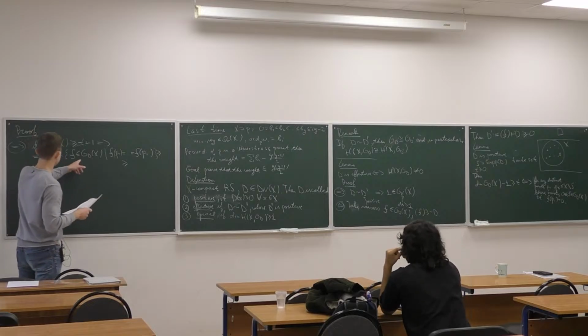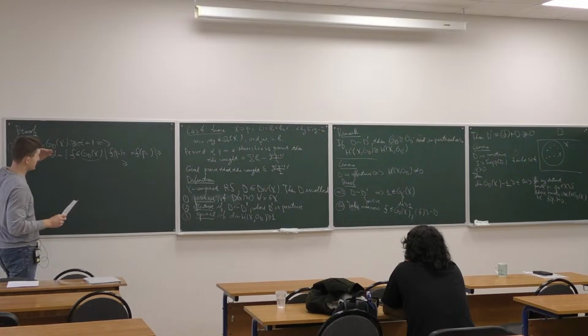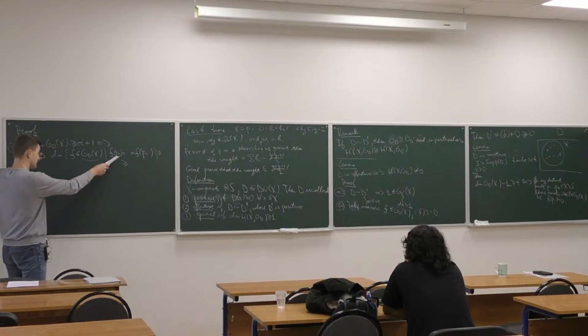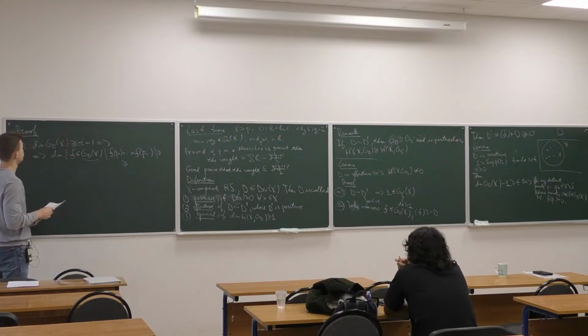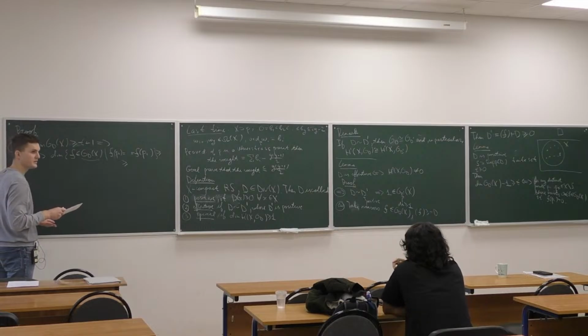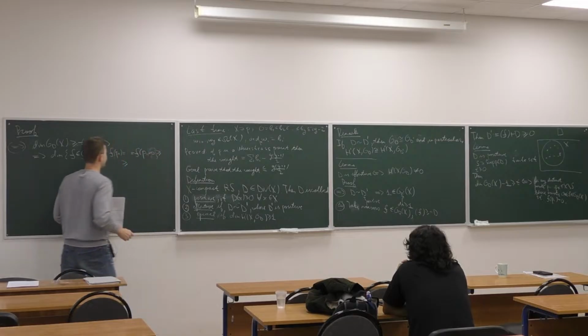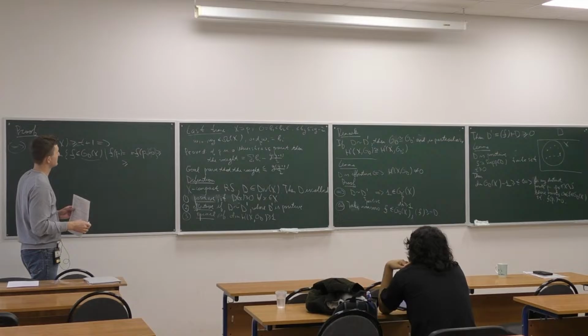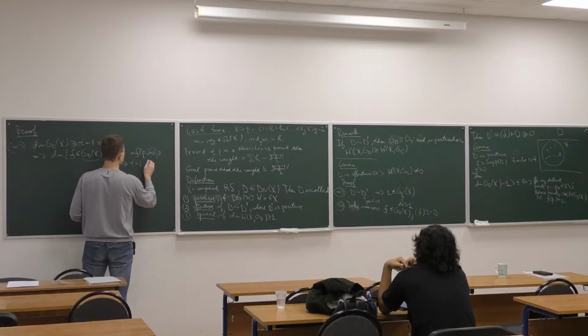You know that the dimension of O_D(X) is greater or equal than t plus 1, but then you want to look at the functions that vanish at the first i points. Then what can you say about the dimension of this space? It is greater or equal to t plus 1 minus i.